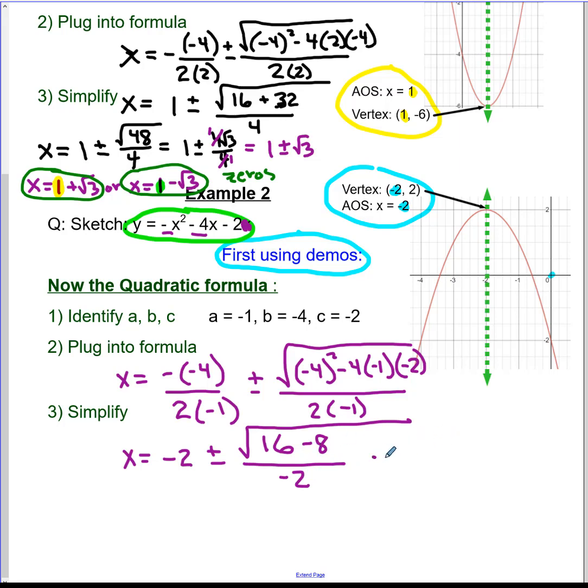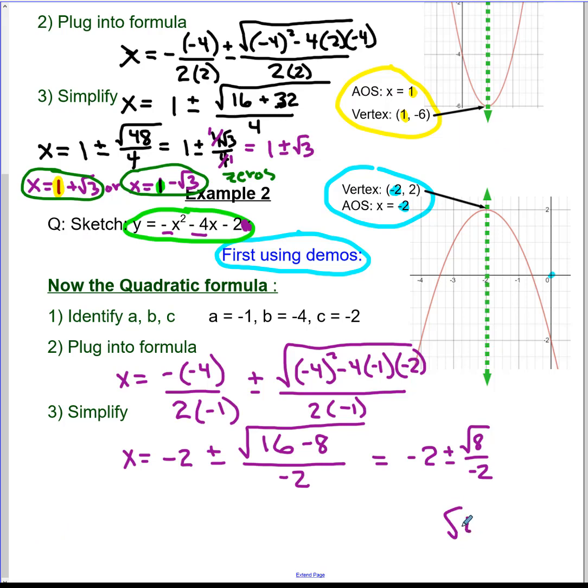We don't need this here, so let me just erase this. So what does that equal? That equals negative 2 plus or minus the square root of 8 over negative 2. Now, the square root of 8, I want to put it down here.